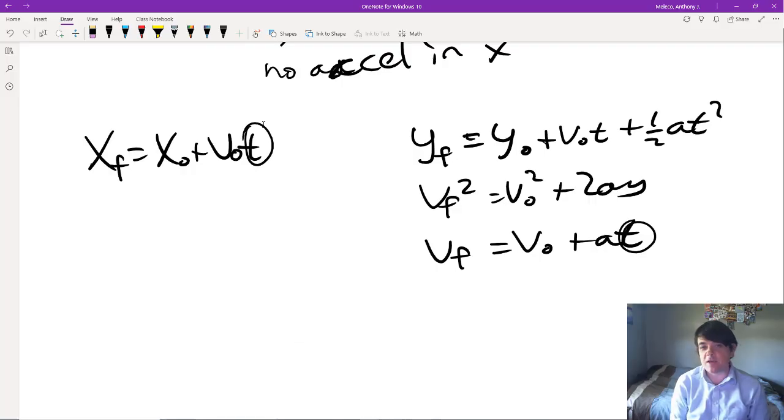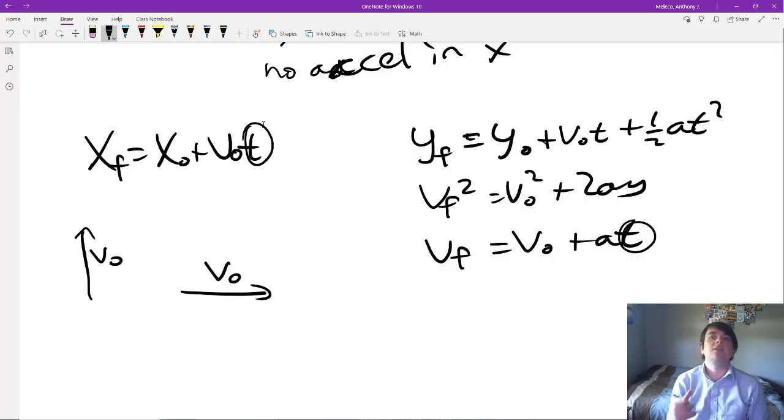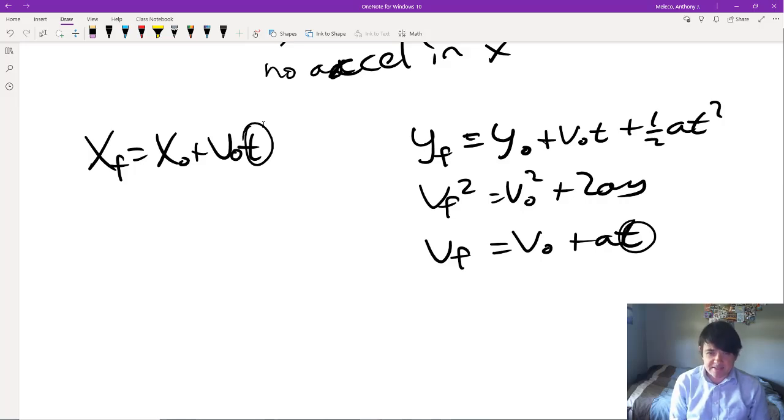In other words, we don't need to add a subscript to time. But the V naughts will be different, right? Because if I move to the right, that's very different. So this V naught would be very different than a vertical V naught, right? A very different thing than an initial velocity in the Y, okay? So initial velocity in the X and Y are very different things. So we will need to add subscripts.